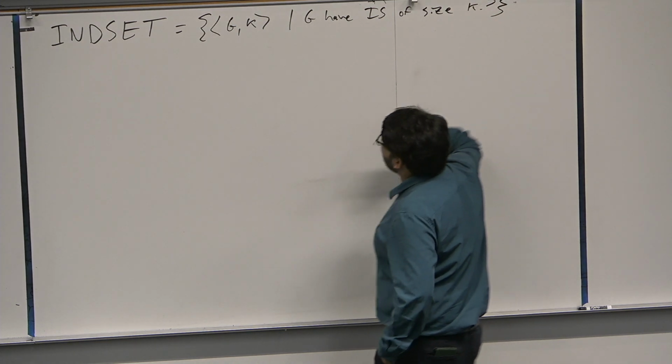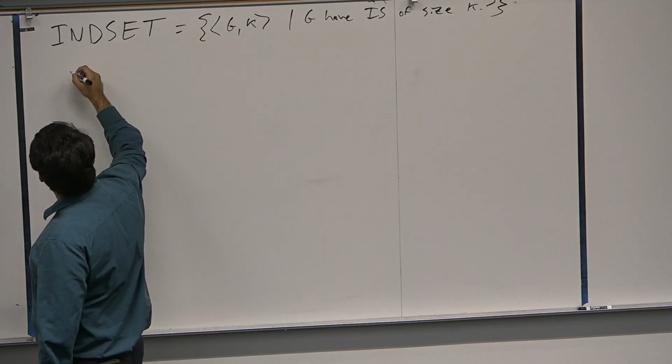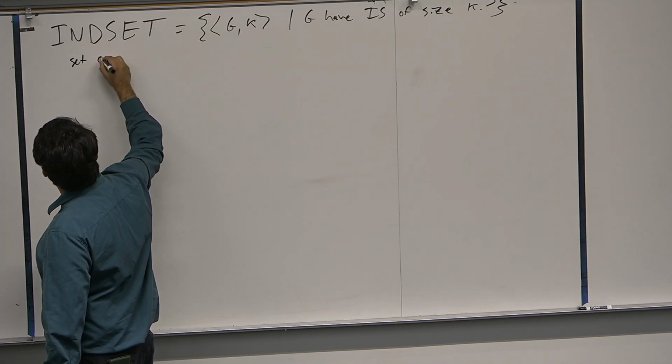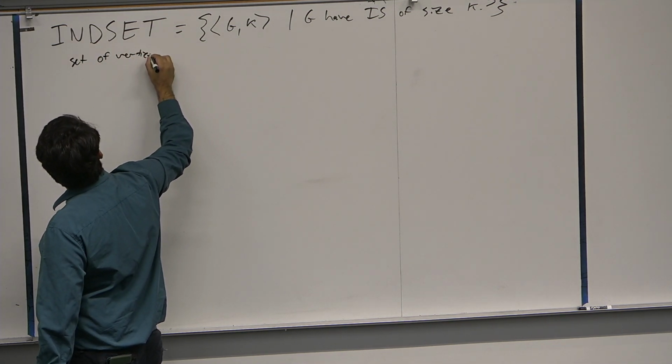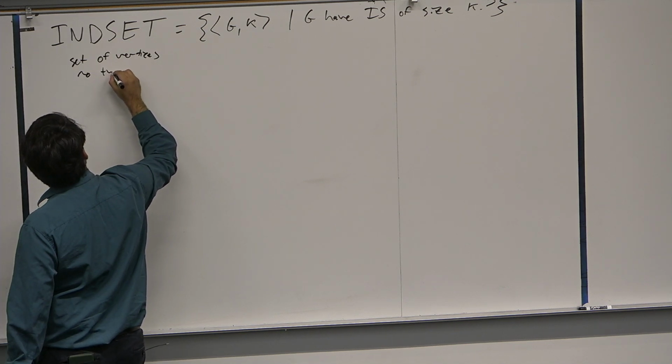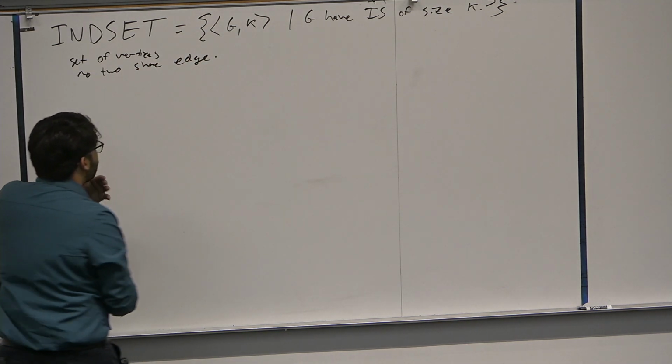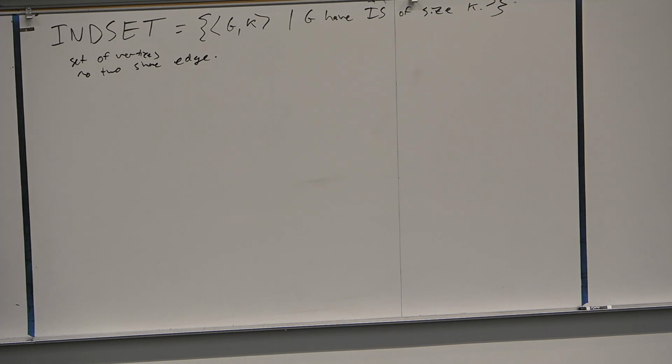What is an independent set? An independent set is a selection of vertices such that no two share an edge. Okay? We ask, does a graph have an independent set of a certain size?